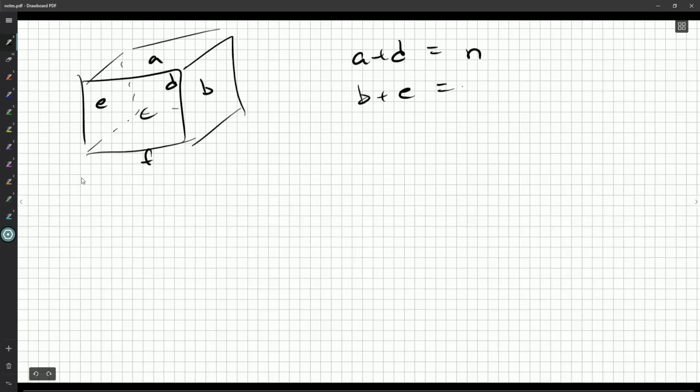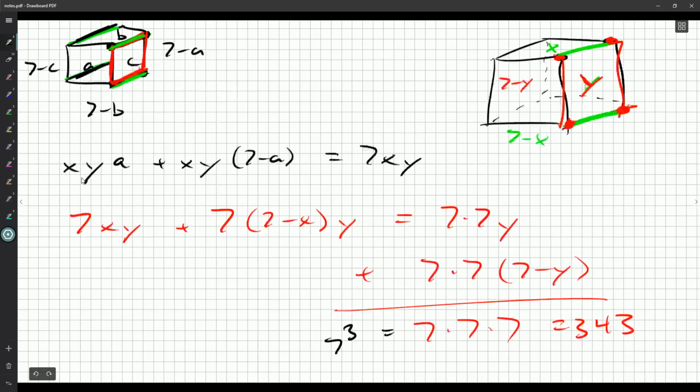So B and E add up to n, and A and F were opposite each other, and C and D add up to n. If I do this same trick of assigning to each vertex the product of the faces around it, then I know the sum of all the vertices will be n cubed by the exact same reason. There wasn't something special about 7 other than opposite faces added up to 7.